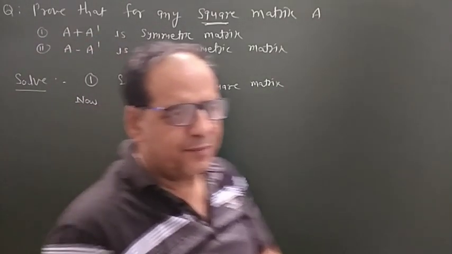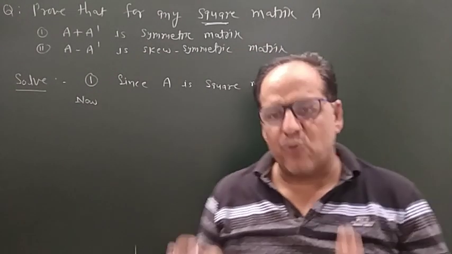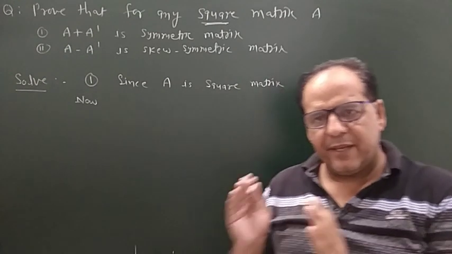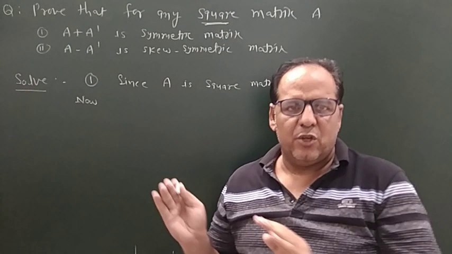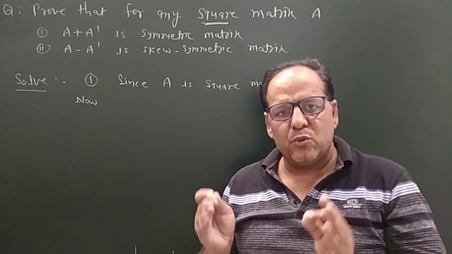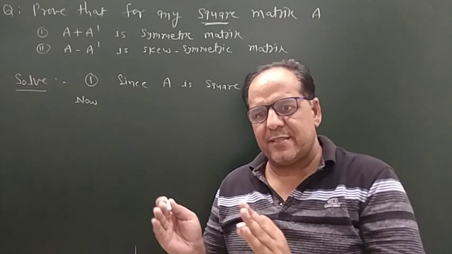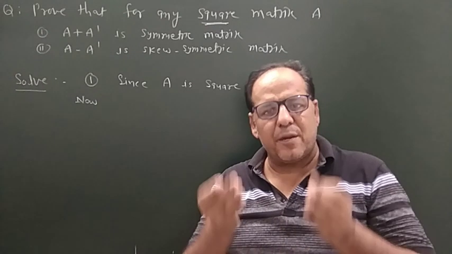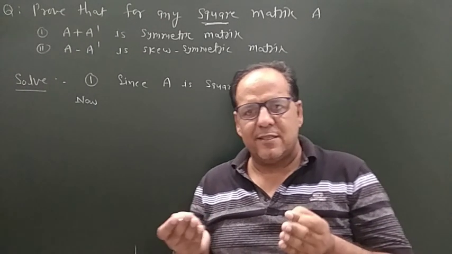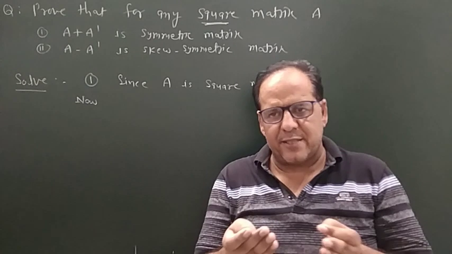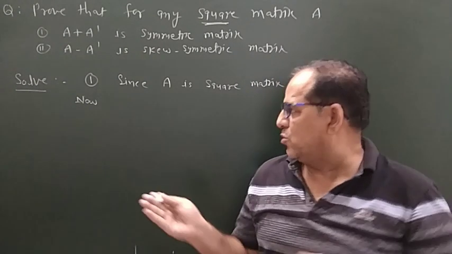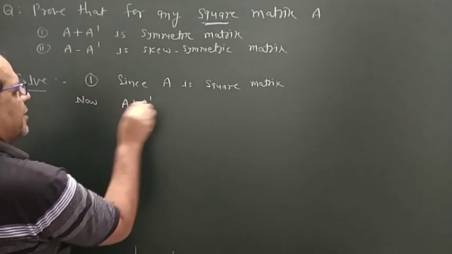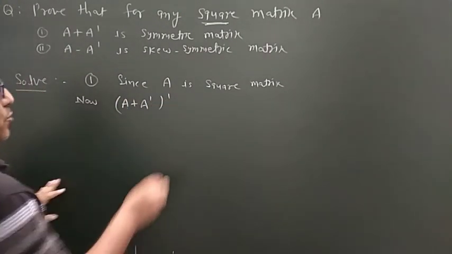We know that a square matrix A is said to be symmetric if A transpose equals A. So if we want to show that any given matrix is symmetric, we find the transpose of that matrix and show that it is again the given matrix. Here we start with A plus A transpose whole transpose.